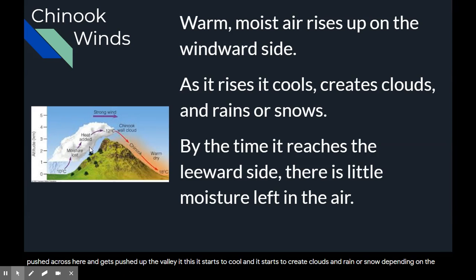All of that rain or snow is going to fall on this windward side of the mountain. By the time it reaches the top of the mountain, it has lost most of its moisture and it has started to get hotter.